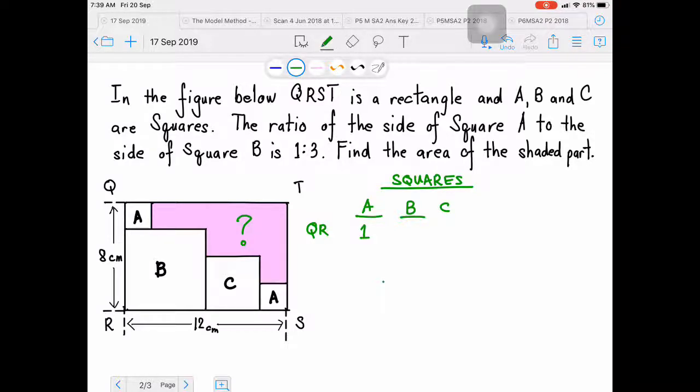So we write it down. And we also need to write the length of side QR of rectangle QRST. We just need to write that below 1 and 3, 8 centimeters. There we go. Now, let's put a bracket for 1, 3, because that represents 8 centimeters.